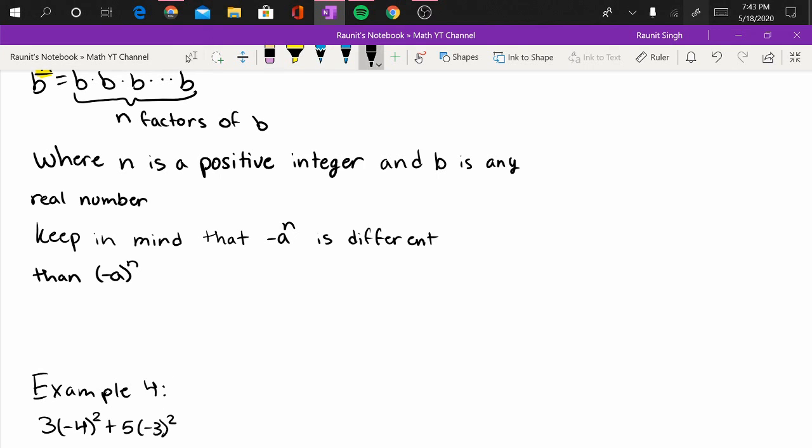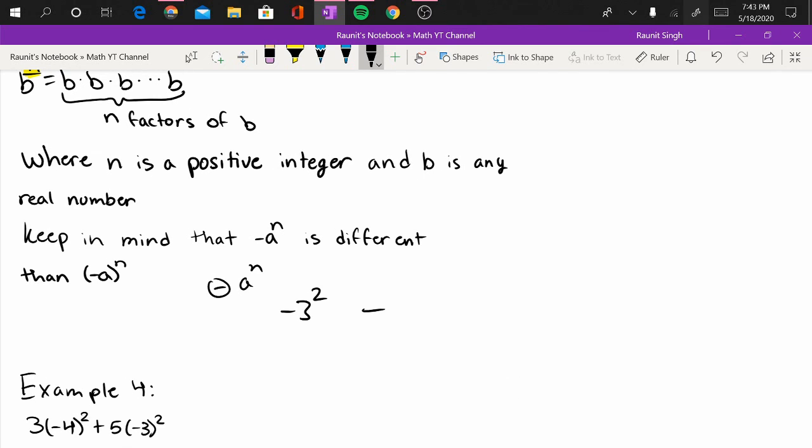So just keep in mind that negative a to the n is different than parentheses negative a to the n. So negative a to the n means that you will do the negative later. Like, what I'm saying is that if it's negative 3 squared, you will do negative 3 times 3, which will equal negative 9.